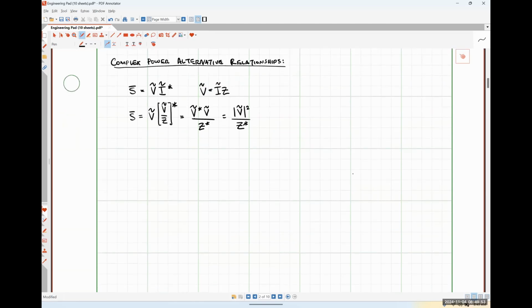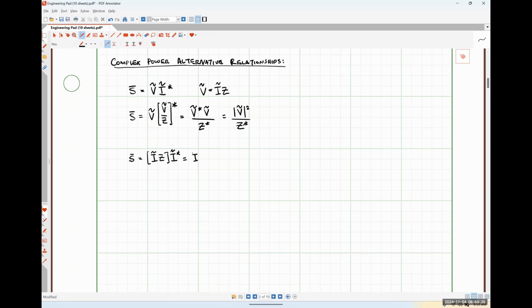We can do something very similar for current, right? So if we want to express our voltage in terms of our current, then we would have I times Z. And we're going to multiply this by I conjugate.